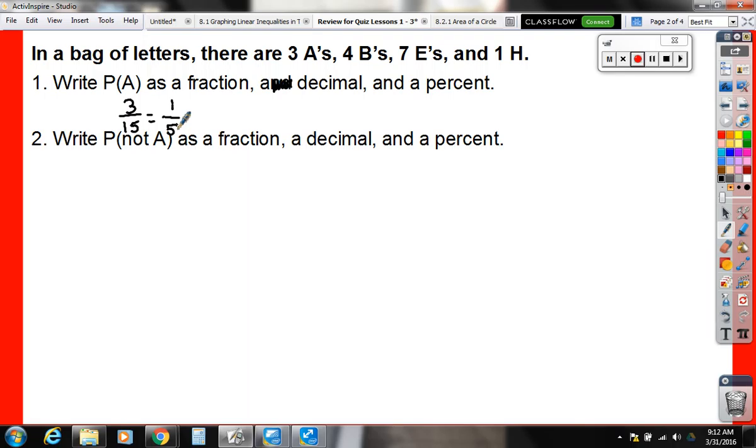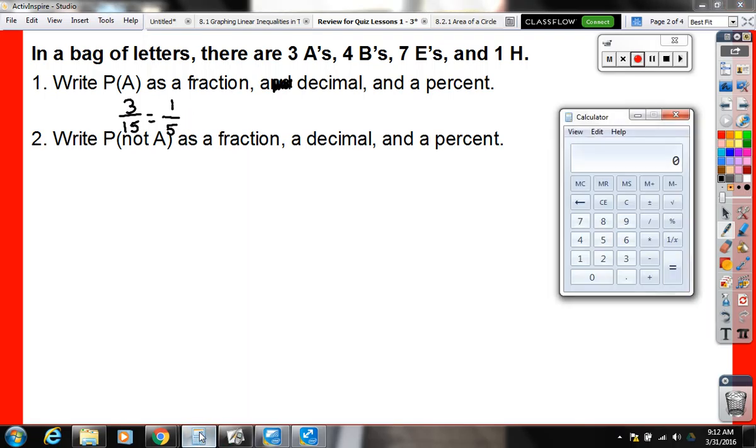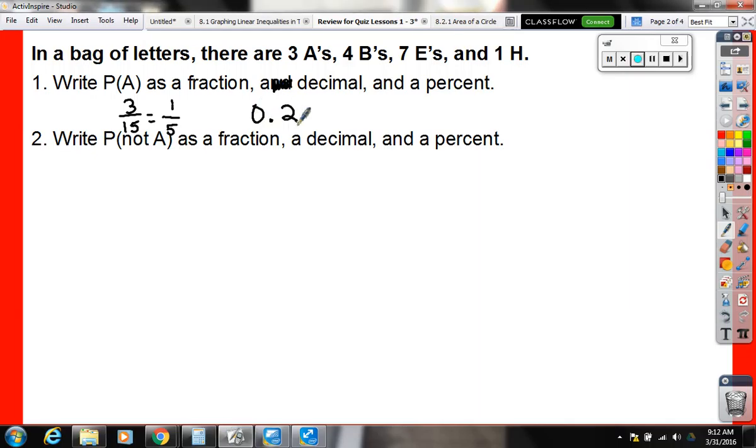So we're going to take our calculator, we're going to do 1 divided by 5. When we do that, we get a nice terminating decimal. We get 0.2. So as a decimal, this would be 0.2. Now, how do we write that decimal as a percent? Sydney? Good. Move the decimal over twice, and we get 20%.